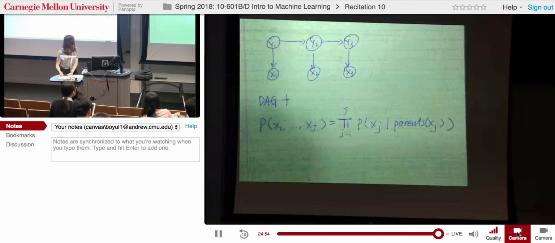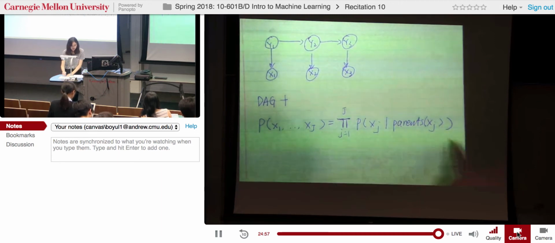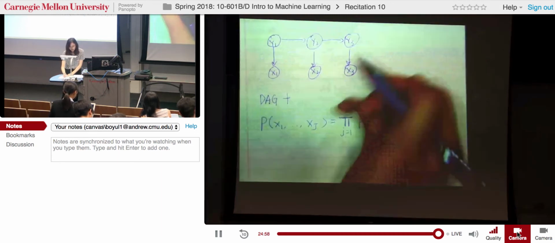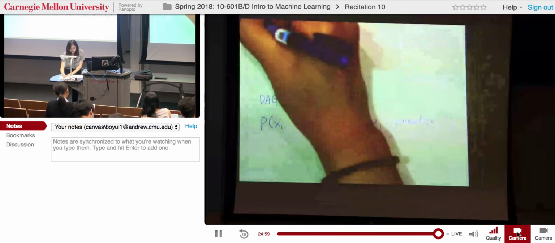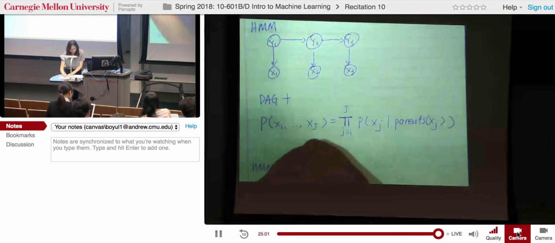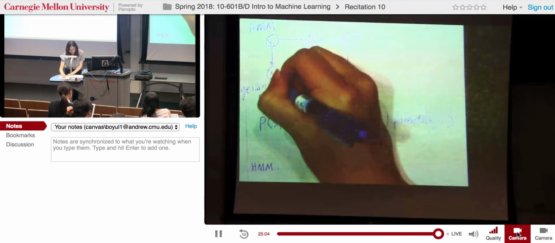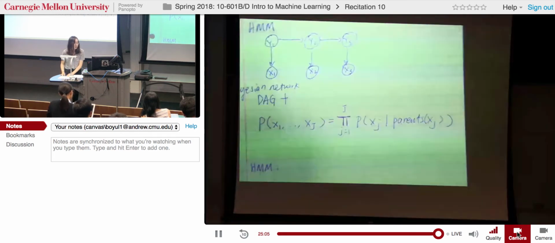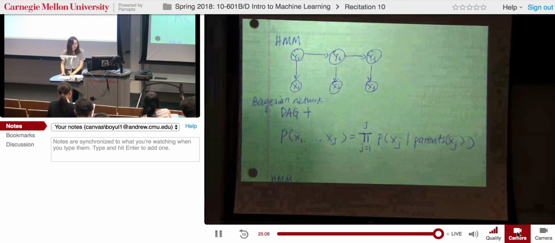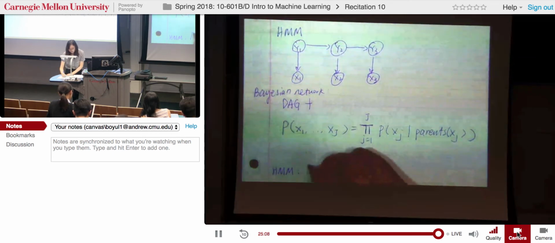By the definition of conditional probability, this can be decomposed into P of y times P of all the x given y. And the naive Bayes assumption allows us to simplify the second term into a product of individual x given y.